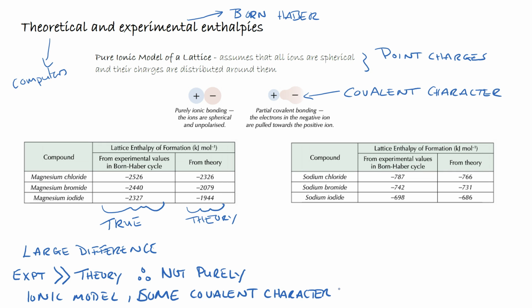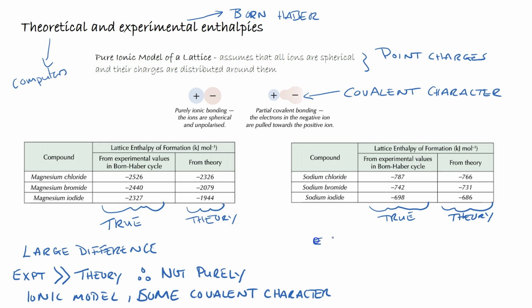However, if we look at this system on the right here, we've got sodium chloride, sodium bromide and sodium iodide. Our experimental values, which as said are true, compared to our theory values, which we're taking from some sort of computer model, are approximately equal.